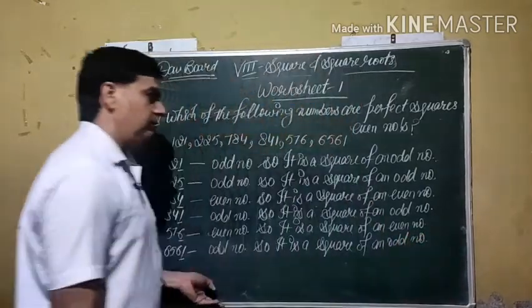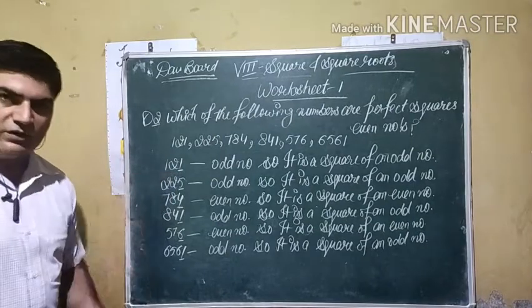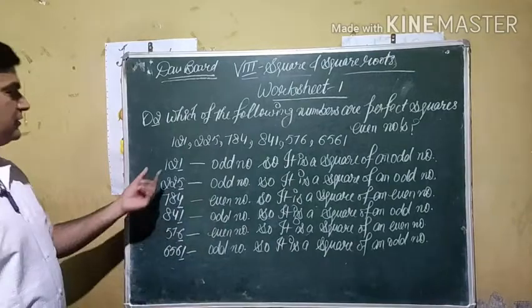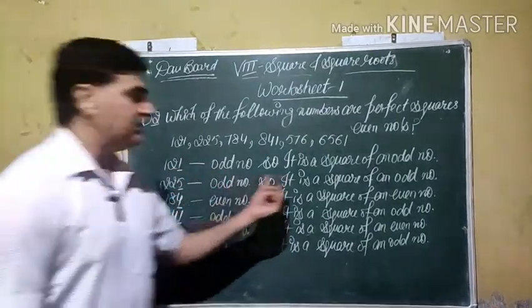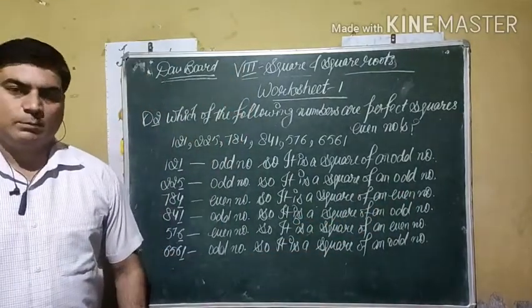So like this we can identify, because we know that the square of an odd number is an odd number and the square of an even number is an even number. So we check first of all whether it is an odd number or an even number, and we reach the final answer: it is a square of an odd number or an even number.